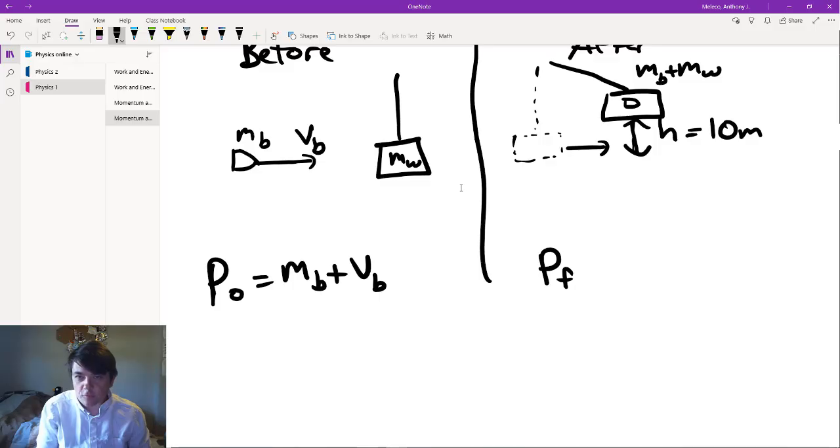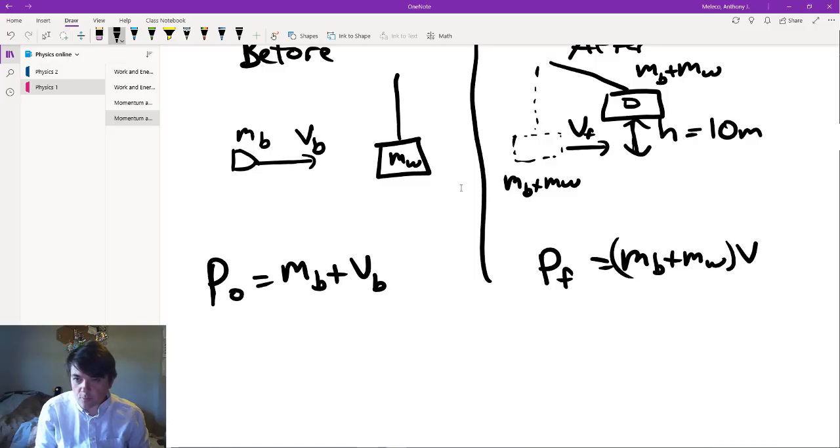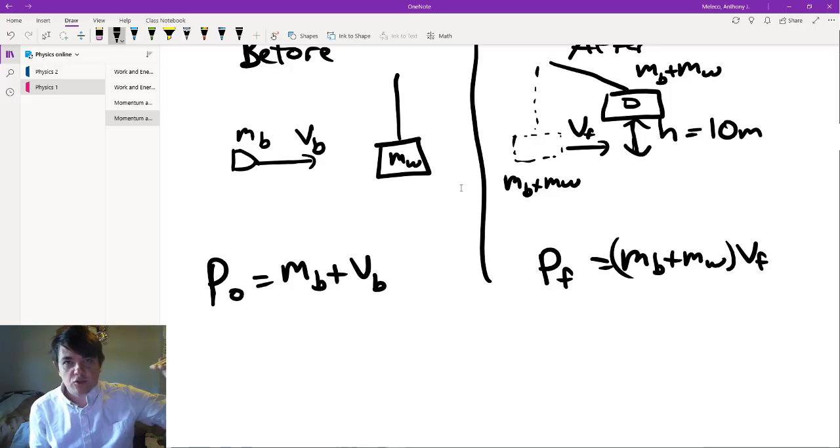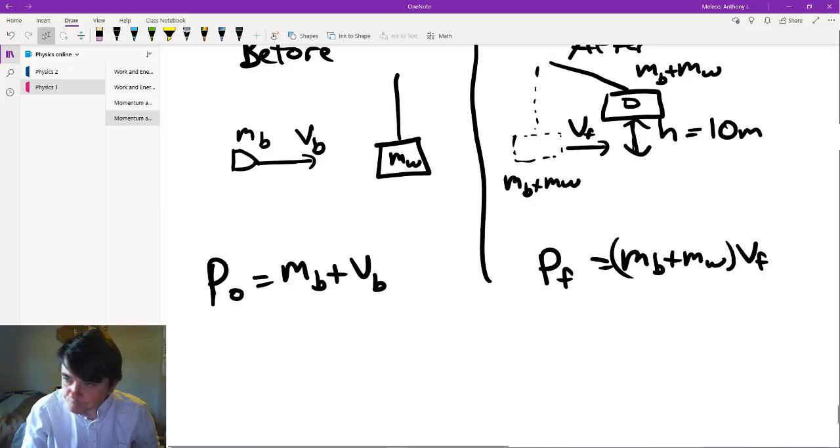Sorry, I forgot to draw that for you. MB, because they're moving together just like the trains, MB plus MW, and they're moving at V final, okay? Because they're going to move that way, and then they'll slowly go up. So we're going to treat it like a one-dimensional problem.